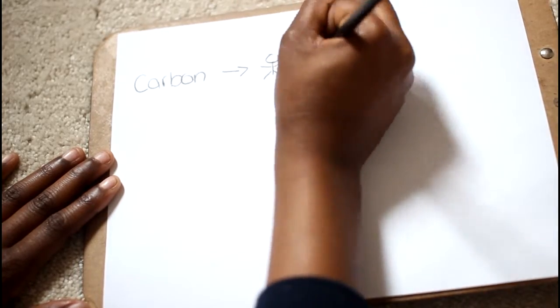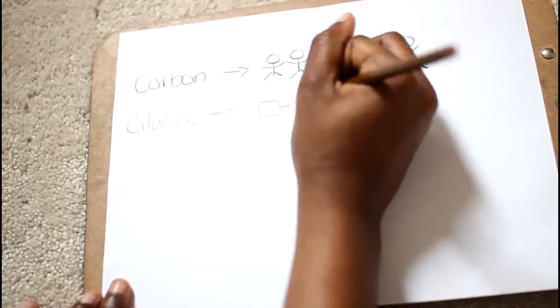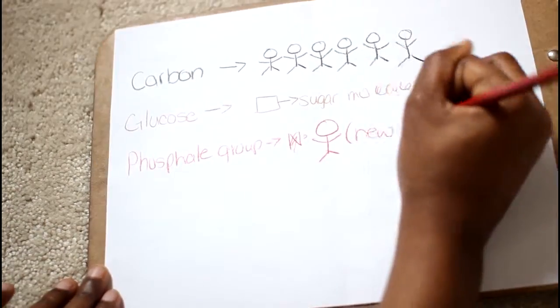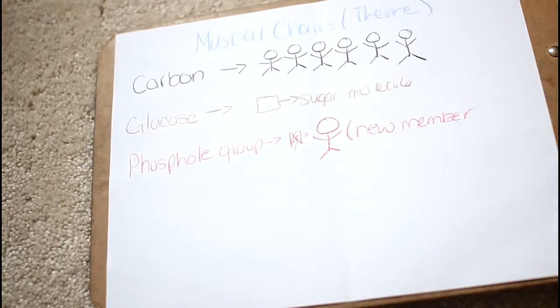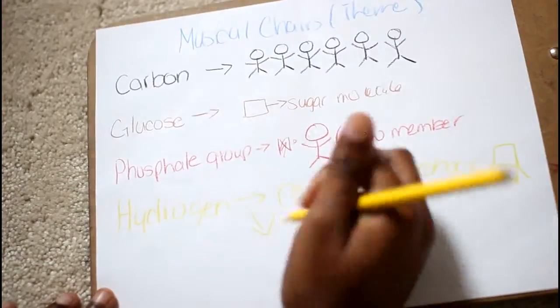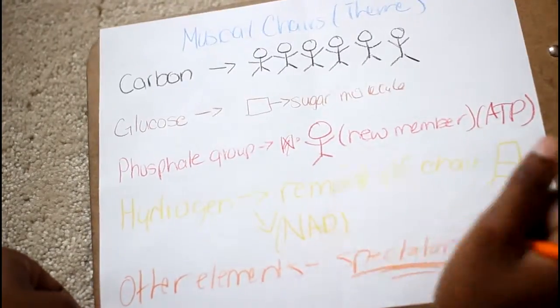To represent the steps of glycolysis and the reactants, I'll be using carbon to represent the people, the phosphate group to represent a new member into the group, a hydrogen molecule to represent the removal of a chair, and other elements will be represented by spectators. ATPs will represent when the new member is going to be added.